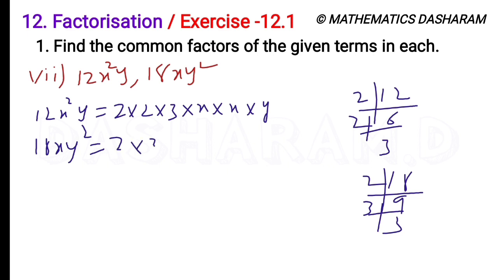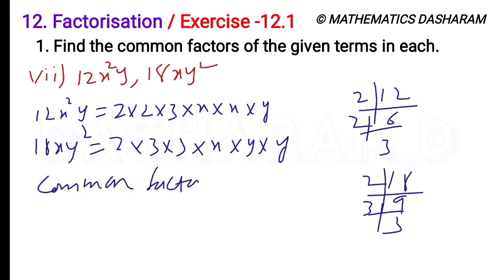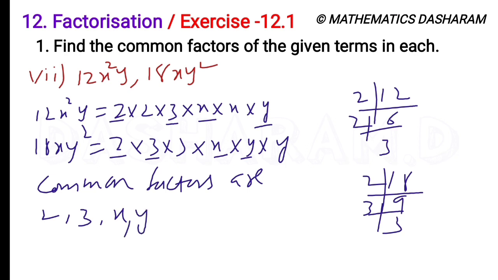Now 2 into 3 into 3 into x into y. So the common factors are 1 2 common, here 1 3 common, next 1 x common and 1 y common. So 2, 3, x and y.